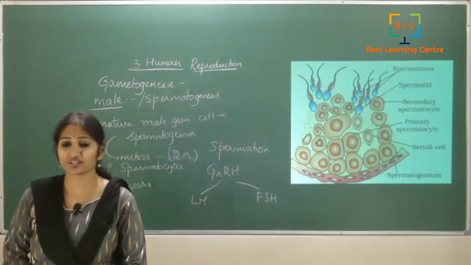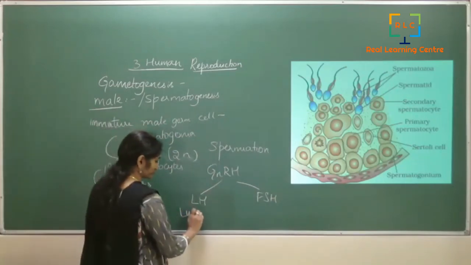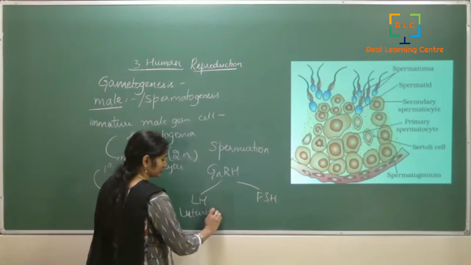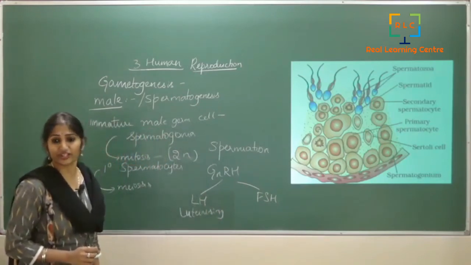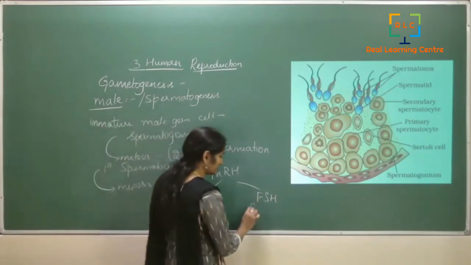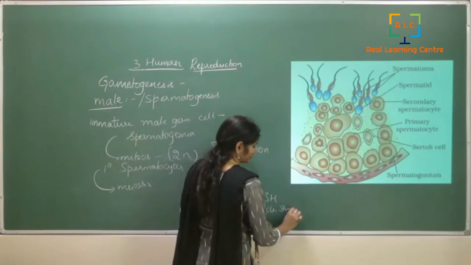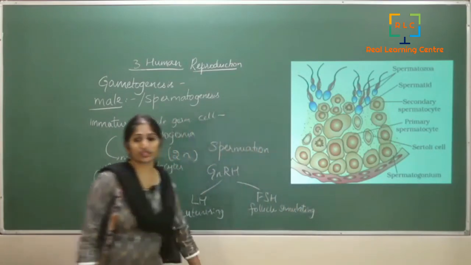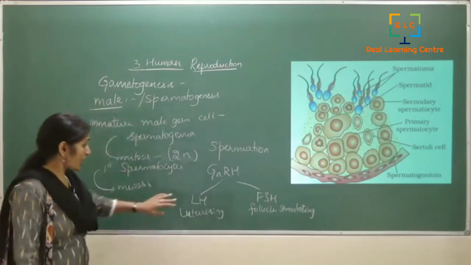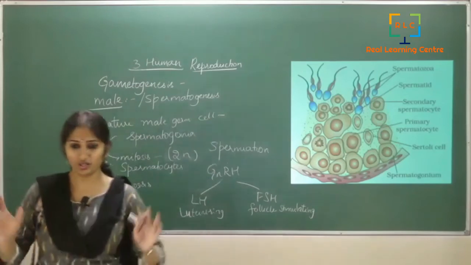LH is nothing but the luteinizing hormone, and then FSH is the follicle stimulating hormone. So there are these two hormones which are secreted again by the action of gonadotropin releasing hormone.